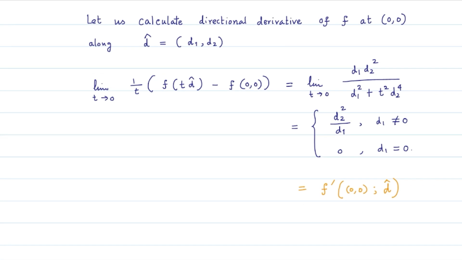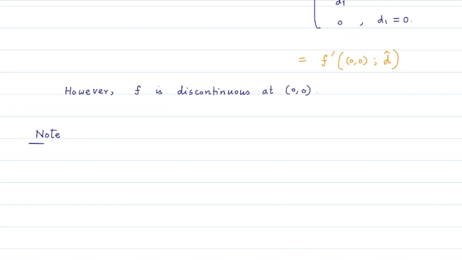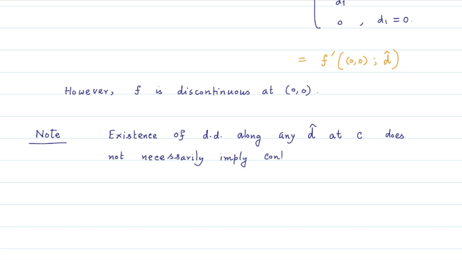We put this observation as a note: the existence of a directional derivative along any given direction d hat at a point c does not necessarily imply continuity of the function at the point c.